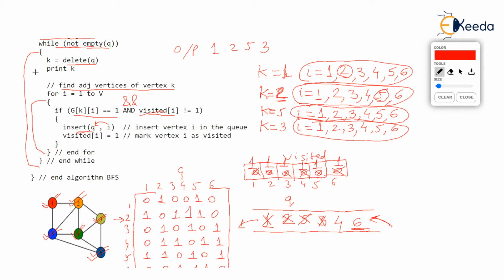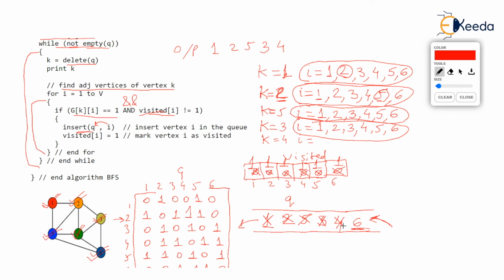While will repeat because queue is not empty. So 4 will get deleted and now k will become 4. So what happens when k is 4? We will print 4. That's the next line in the while loop, isn't it? And then we will start a loop to check the adjacent vertices of 4.